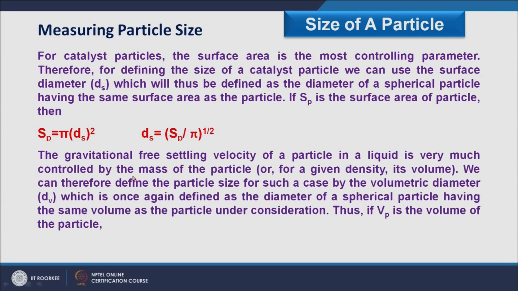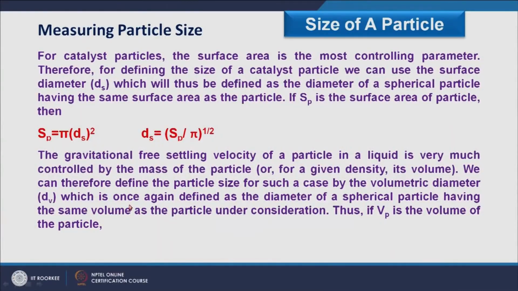In a similar line, another example is gravitational free settling velocity, that we also call terminal settling velocity of a particle in a liquid, which is very much controlled by the mass of the particle. Why am I saying the mass of the particle? If I consider the particle having more mass, definitely it will fall through gravitation in short time in comparison to the lighter mass.